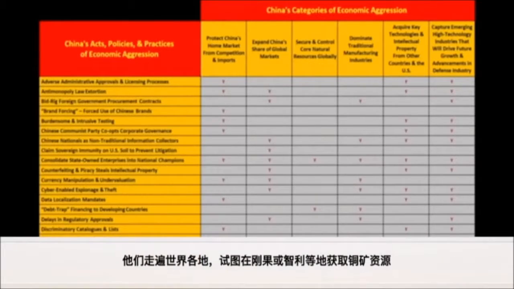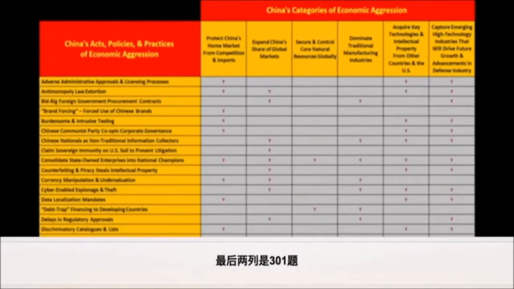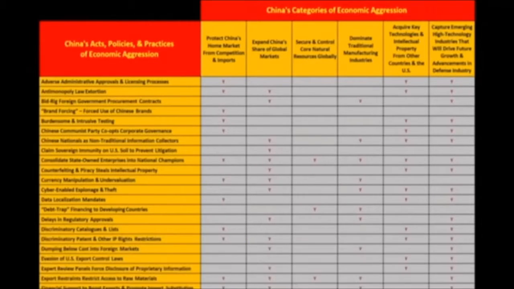They go around the world trying to secure resources in places like the Congo for cobalt or Chile for copper. They seek to dominate traditional manufacturing, which I would say is pretty much check that box at this point. And most importantly, the last 2 columns are the Section 301 problems.